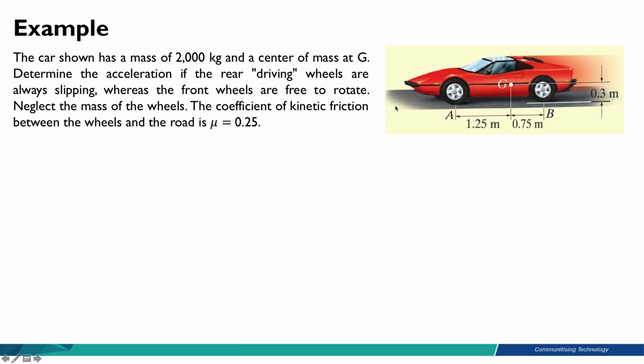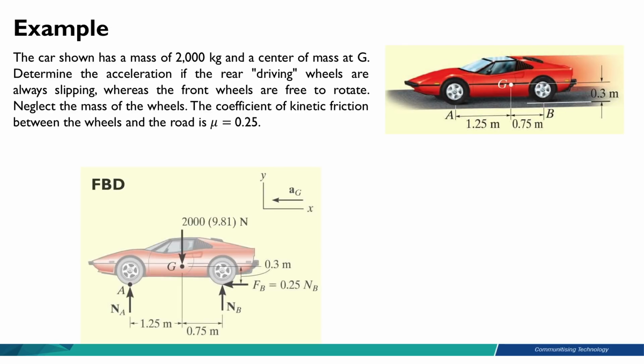So remember, the first step when we are calculating a kinetics problem is to draw the free body diagram. So in this case, when we draw a free body diagram, we have a weight pointing down at point G. This is 2000, the mass, multiplied by 9.81, the gravitational acceleration g.